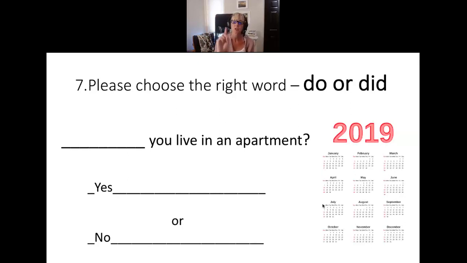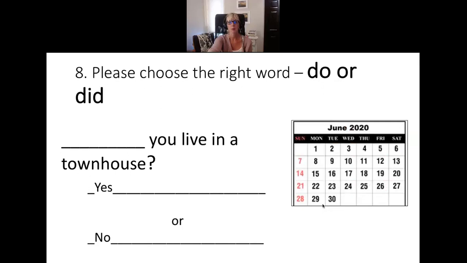Remember, it's one answer. Write the question. Write one answer. Yes or no. Number 8. Remember to stop the video. Do or did? Write the question. Write your answer.